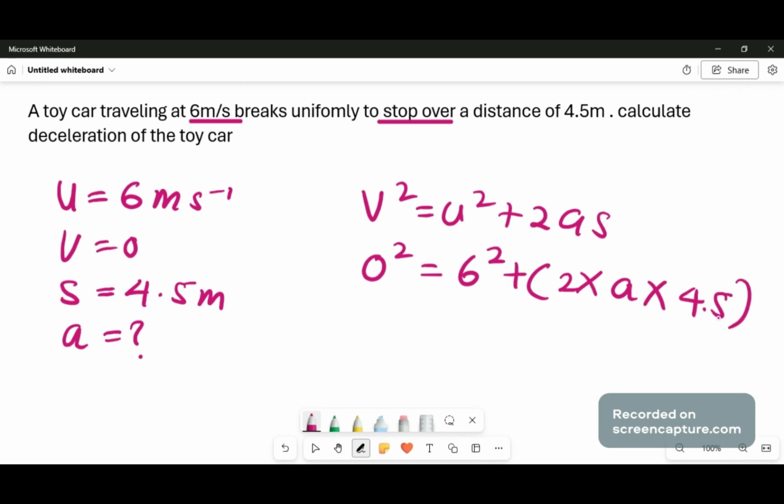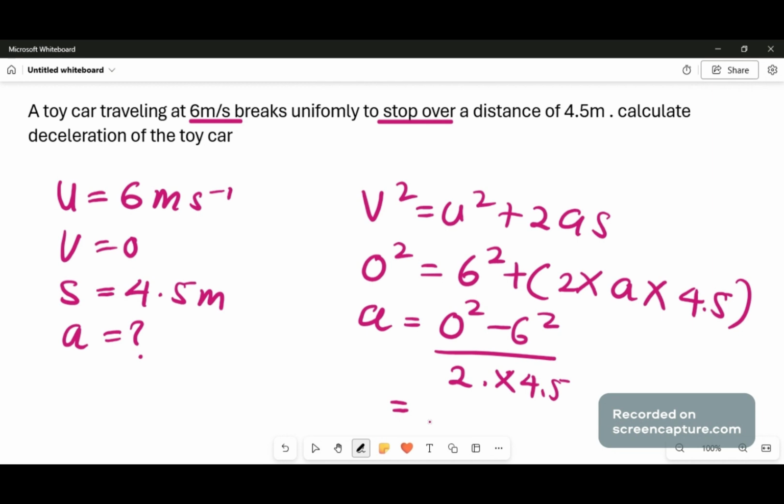So then we shall find the value of a here, that is 0 squared minus 6 squared divided by 2 times 4.5. So the value is minus 6 meters per second squared.